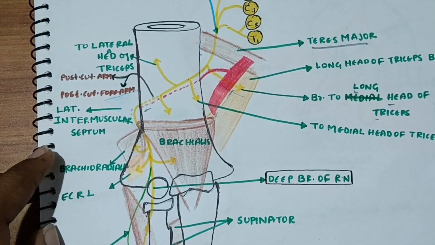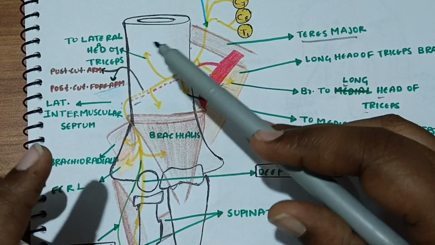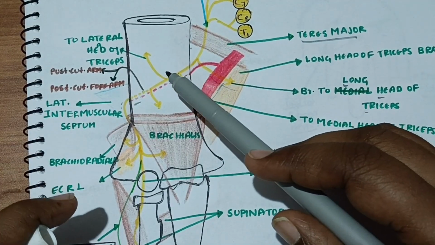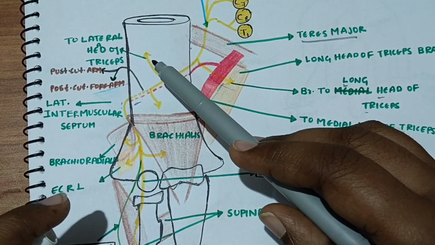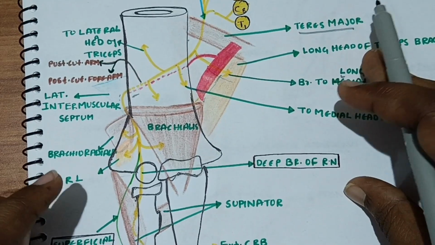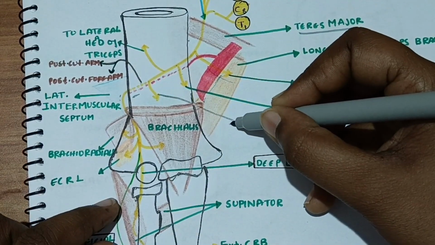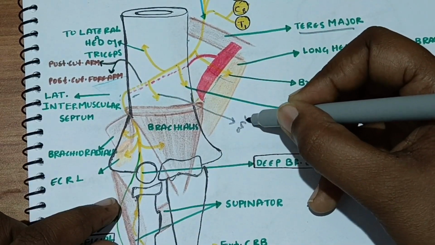In the radial groove, it supplies the lateral head of triceps and the medial head of triceps. It also gives a branch to the anconeus muscle.